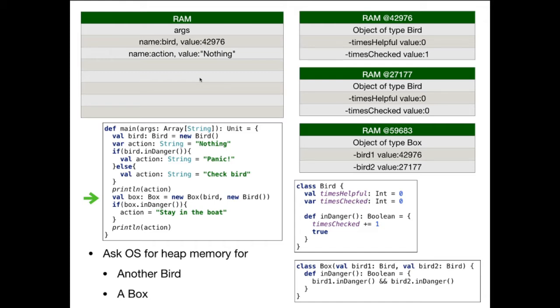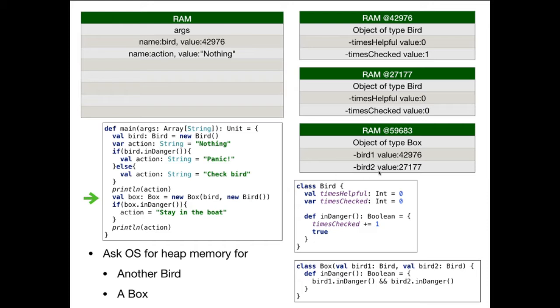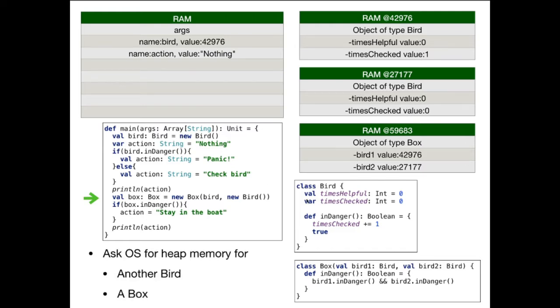Nothing on the stack directly refers to that bird 2, but we can still create a reference to it. We can give that reference to that box. We just never happen to store it in a variable in main, and that's perfectly fine. We just created a new bird and directly gave it to the box. So that reference only appears right here, and that's the only way we can access this bird object here.